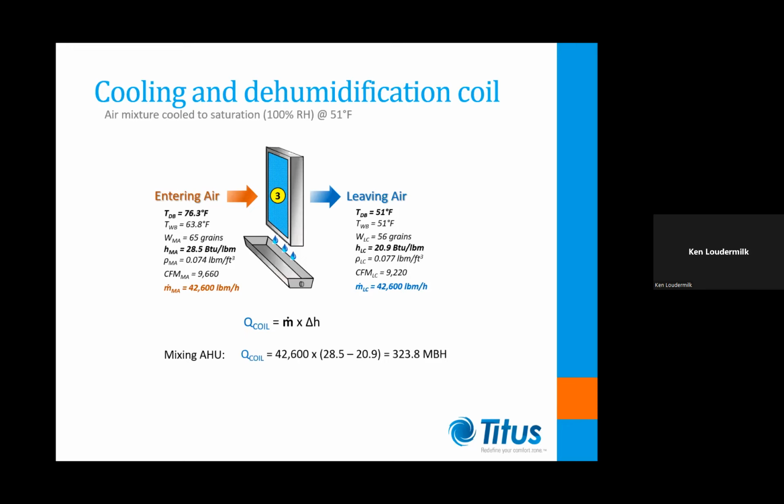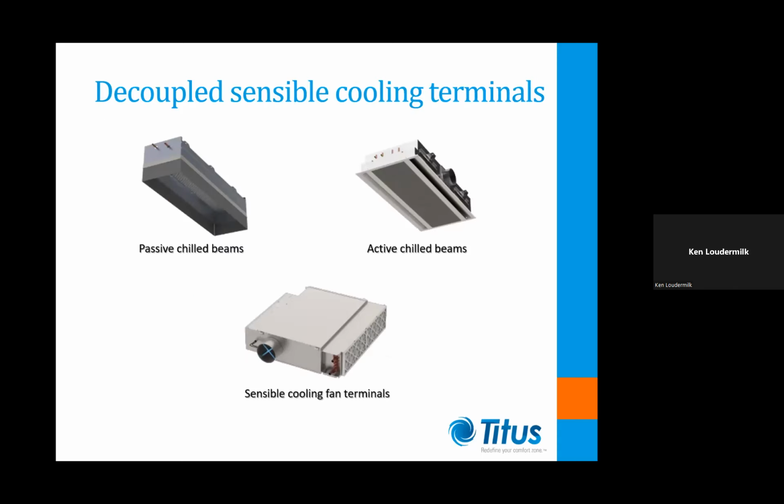In the case of the mixing type air handling unit, this equates to about 324 MBH. When no mixing is performed, as in the DOAS air handling unit, the coil entering conditions are those associated with the outdoor air leaving the energy wheel. The cooling energy required to condition an equivalent mass flow rate of air would be more than 50% greater than that associated with the mixing type air handling unit.